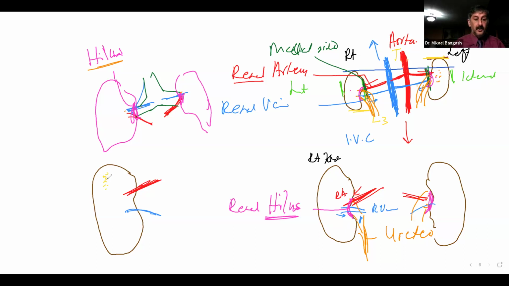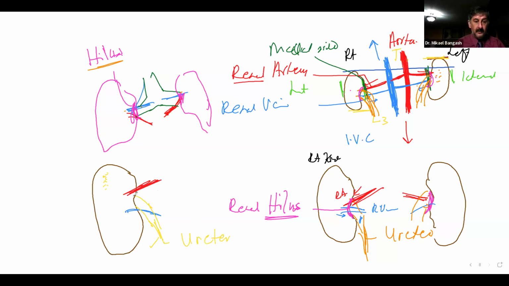And we don't want that urine to accumulate in the kidney. It has to leave the kidney through its own tubular system or its own tube passage. And that passage is what we call the ureter.